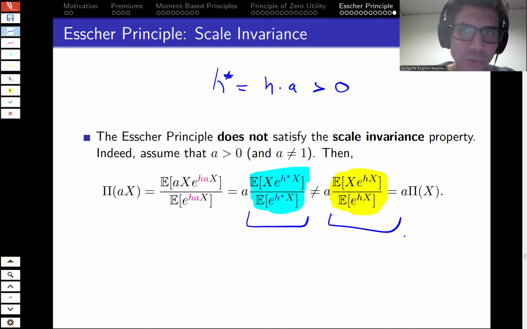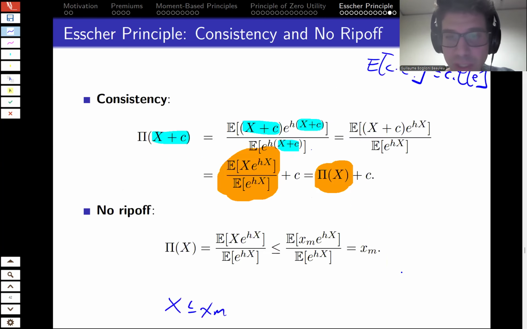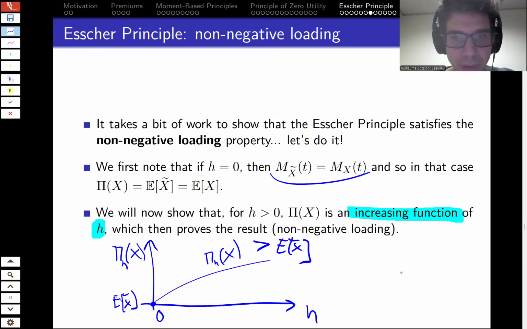Well, the reason is the proof we spent a bit of time working on, because you see, this you could call the premium of x, but under the case h is h star, while here, this is the premium of x under the case h. But we have just said that the premium is an increasing function of h.